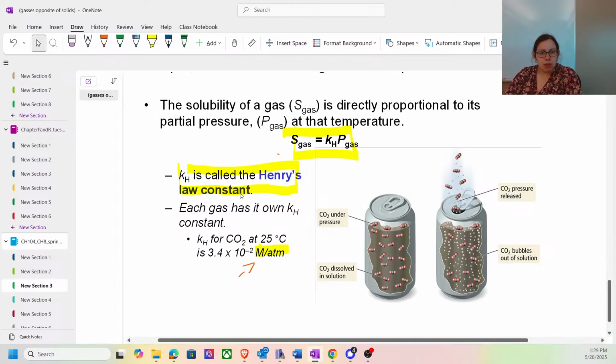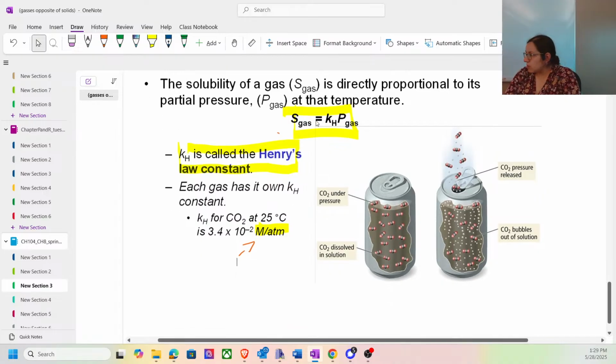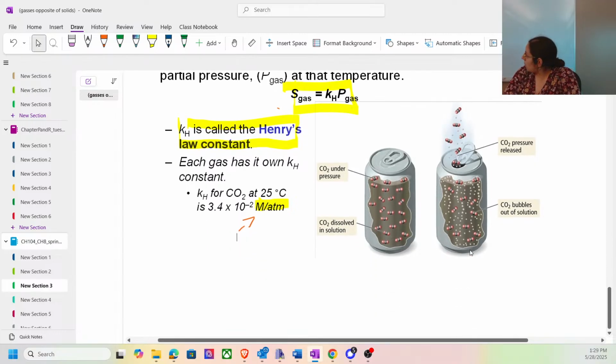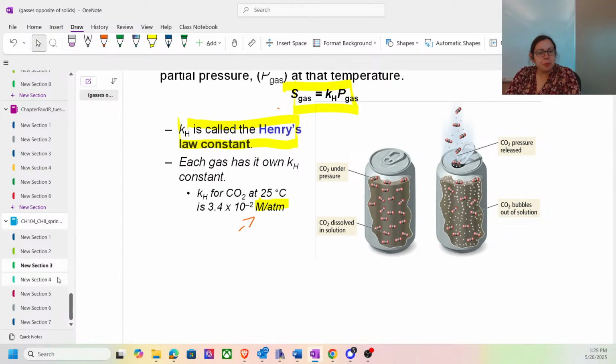It's just a way to figure out how much pressure you need to can your soda under to achieve your desired CO2 or any gas amount. We're focusing on CO2 since most sodas are CO2. There's also those nitrogen brews or whatever for coffee.